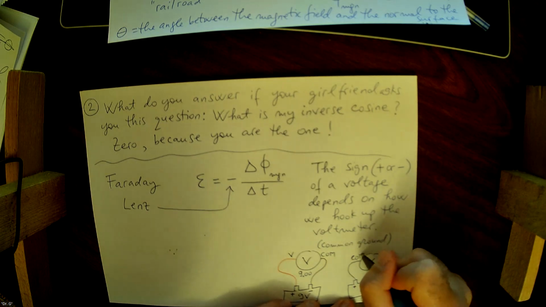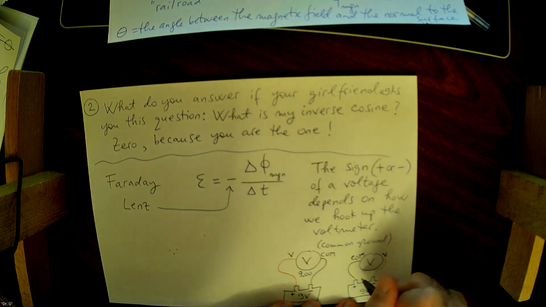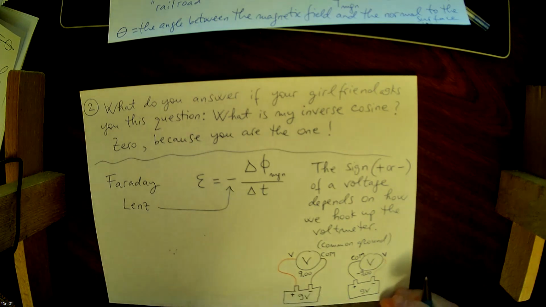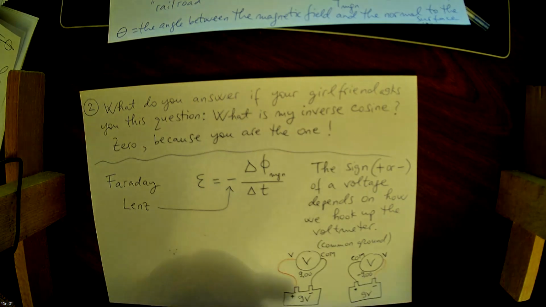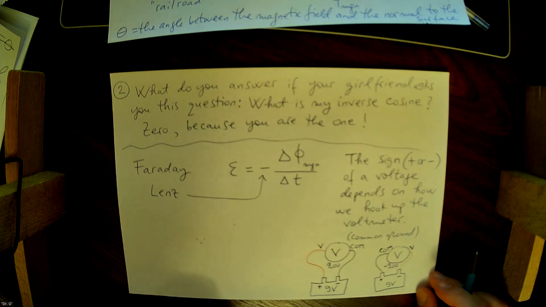What will the voltmeter indicate? It will indicate negative 9.00. That's something you need to understand.